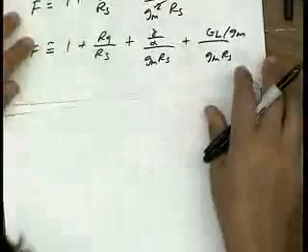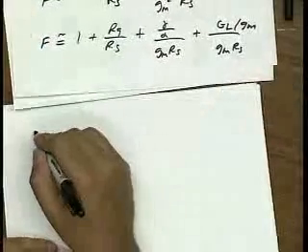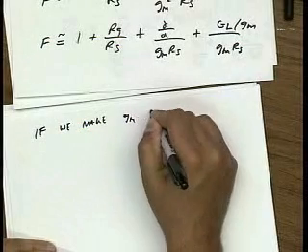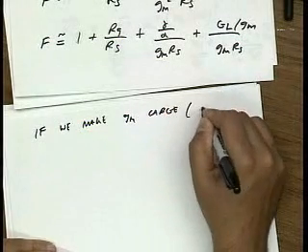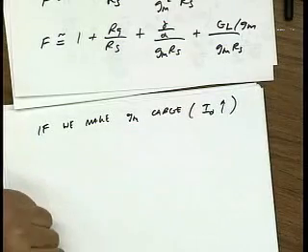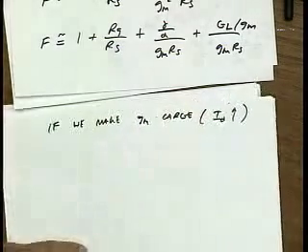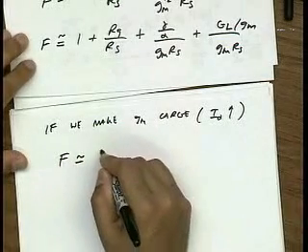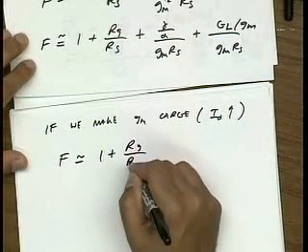So if you believe this calculation, then if we make GM large, which means increase the current through that device or increase its size, then F basically is dominated by 1 plus Rg over Rs.